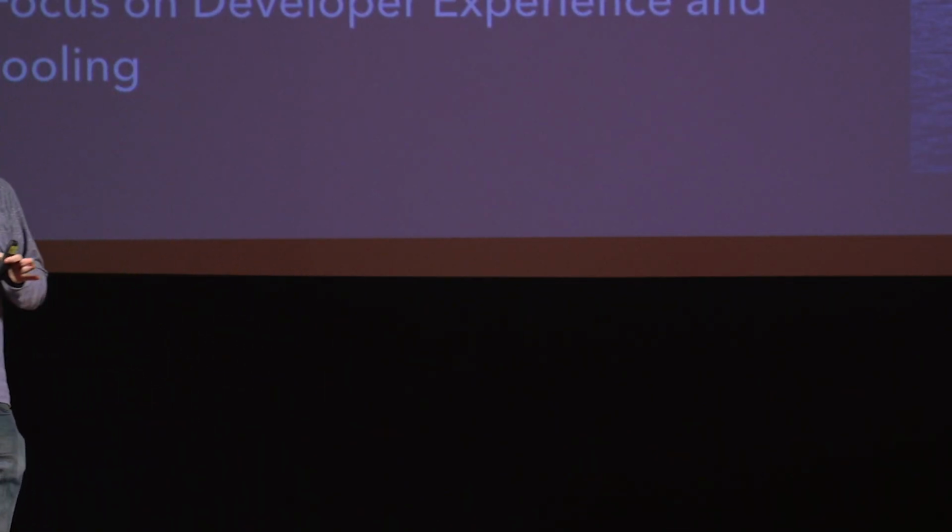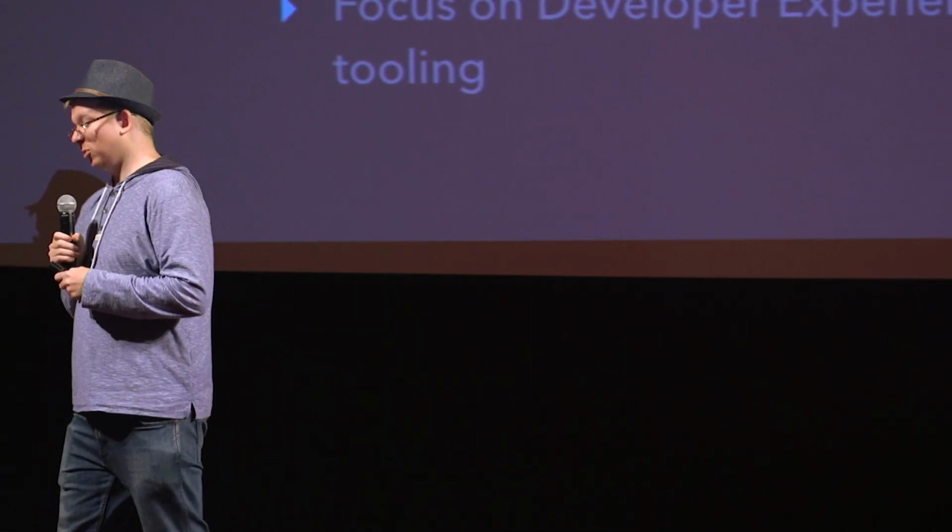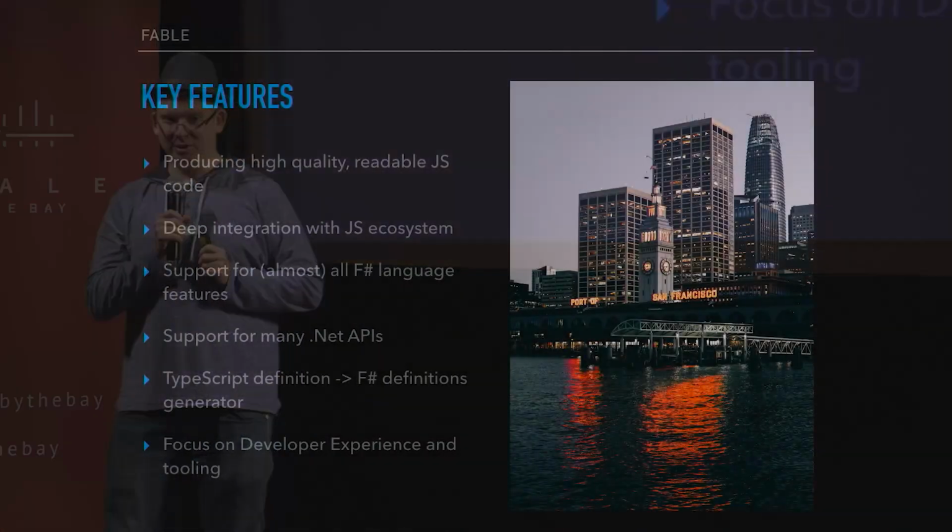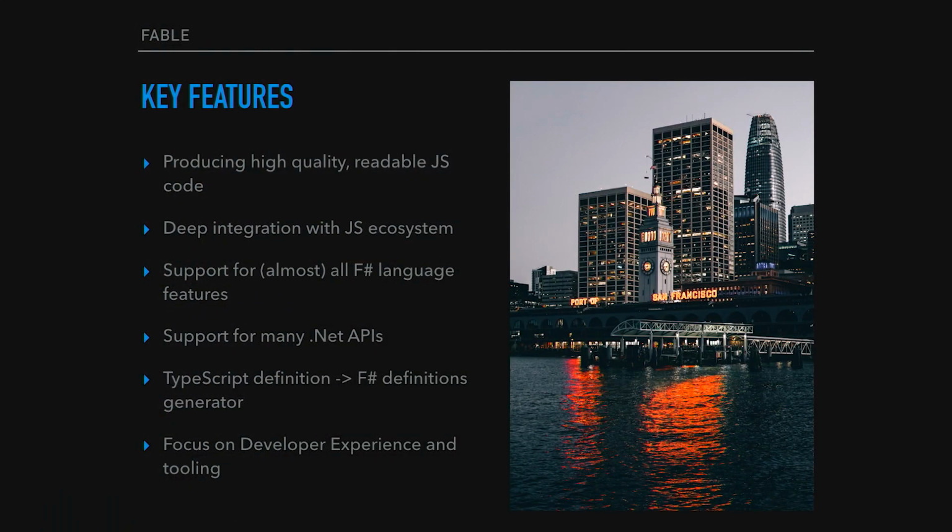Key features of Fable: it's built on top of Babel, the JavaScript tool. For those of you who are not familiar, Babel is a JavaScript to JavaScript compiler. Essentially, it allows you to write modern JavaScript with all modern or even experimental features and target the set of JavaScript that you need.